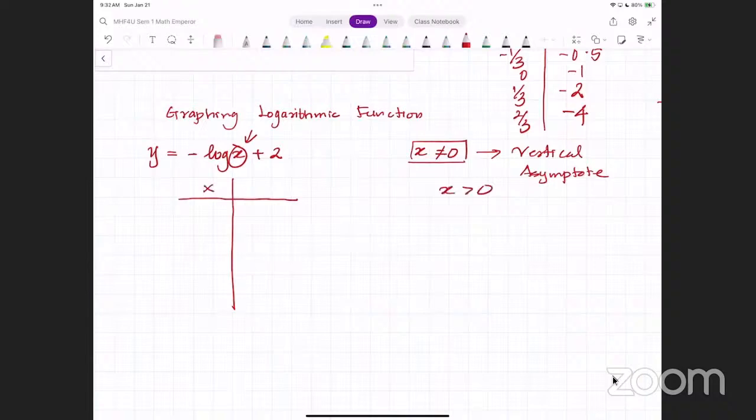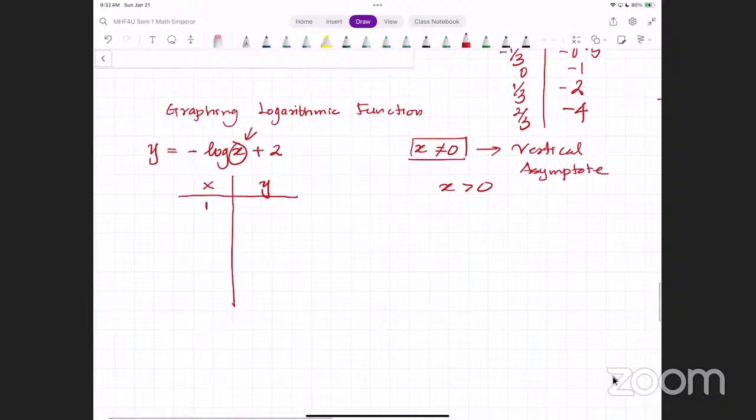So I am going to plug in some points, x and y. We're going to use some points that are easy to deal with. So let's start from the point when x is 1, right? And then I'm going to go to x is 10, which is easy to find out. The question is, can I get the next point? So that's a little trick. I'm just going to keep one other point that is pretty easy, 1 over 10.